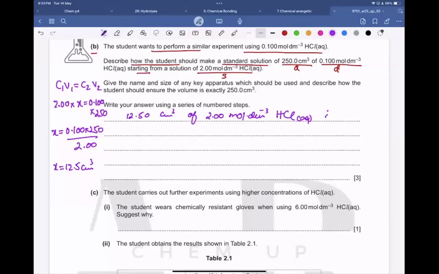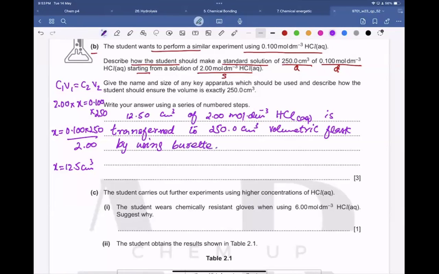is transferred to a 250 centimeter cube volumetric flask by using a burette, right? Because it's 12.5, so we can't measure it with a pipette.